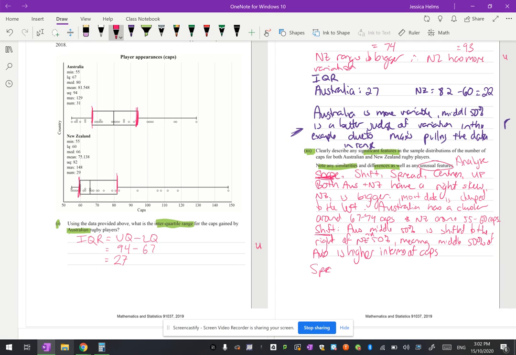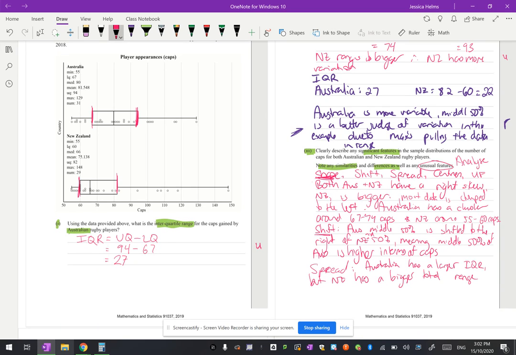Spread. Australia has a larger interquartile range, but New Zealand has a bigger total range.